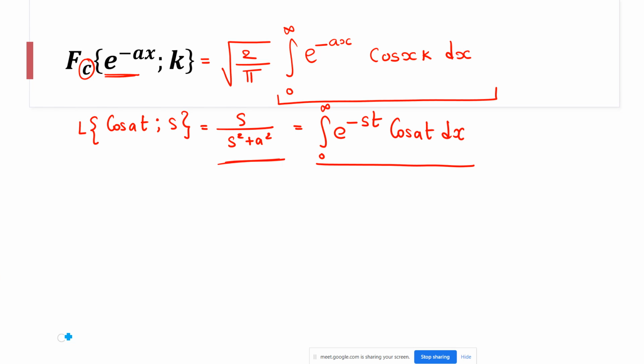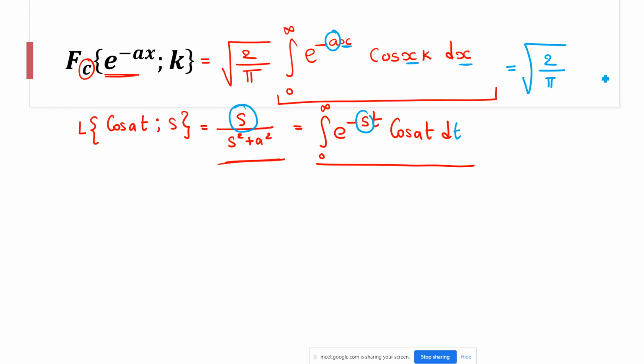Now let us just try to match the things and then we'll see what should come. Over here it is t. So the variable t is replaced by x over here, right? And the s is replaced by a. So based on this, first of all, this part is as it is. So s is replaced by a in this case. So over here also my s would be replaced by a.